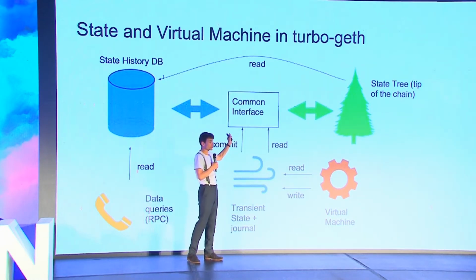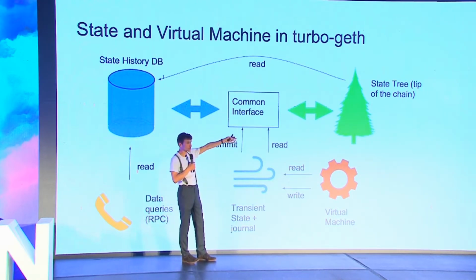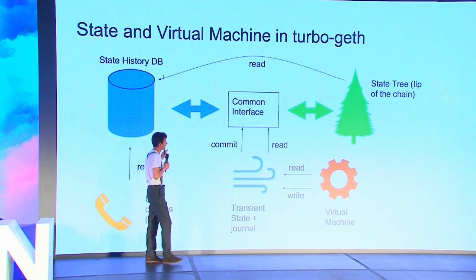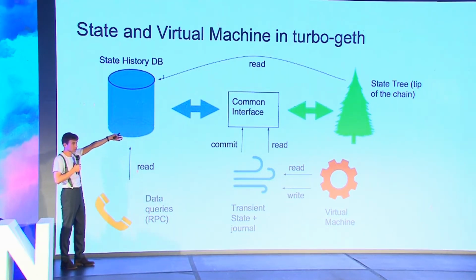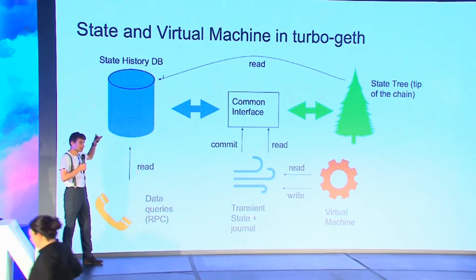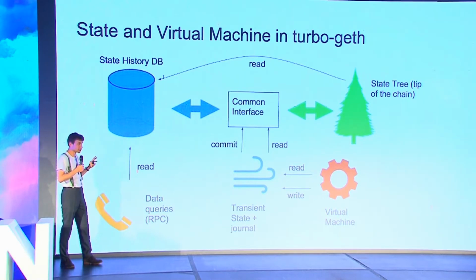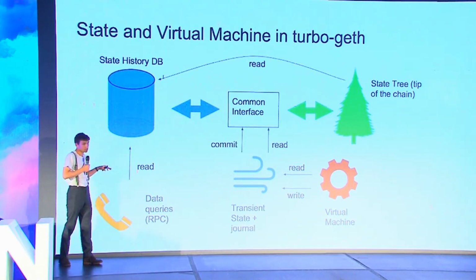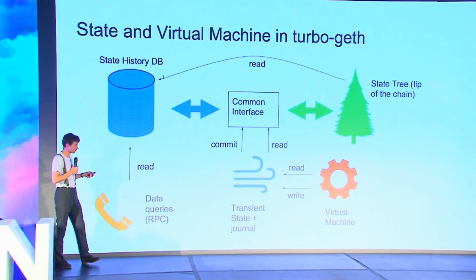So in the code it looks like the same thing, but we just substitute: do you want to go into the tree or do you want to go into the database? And the nice thing about it is that when you do RPC, you don't even need to know about the tree. You just go straight into the database. And because, as you saw, the database layout is very straightforward, my hope, unfortunately I didn't benchmark it yet, is that this will allow you to do much more performant and cheaper queries to the state.